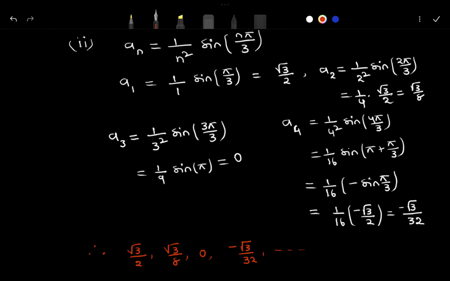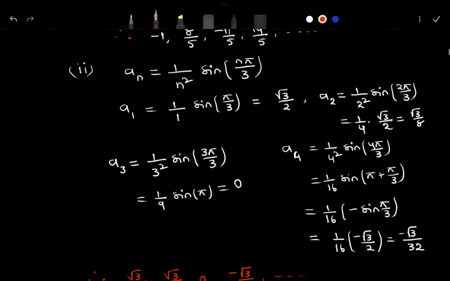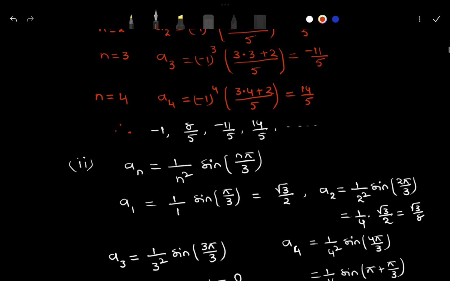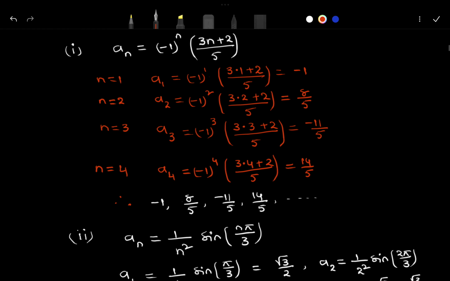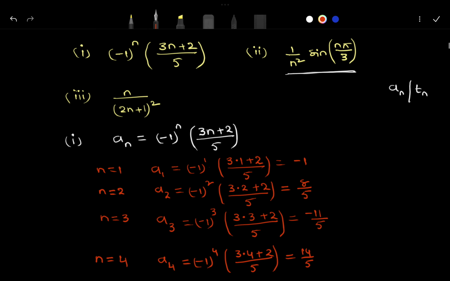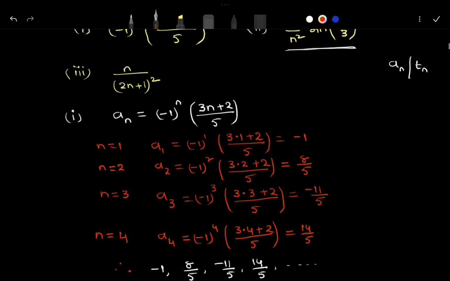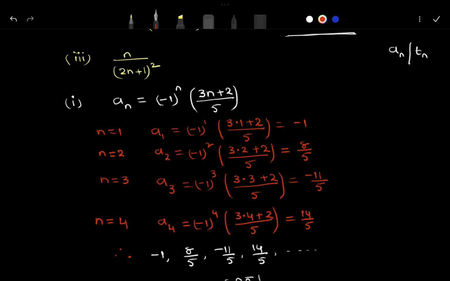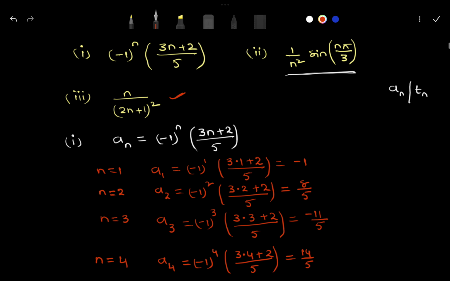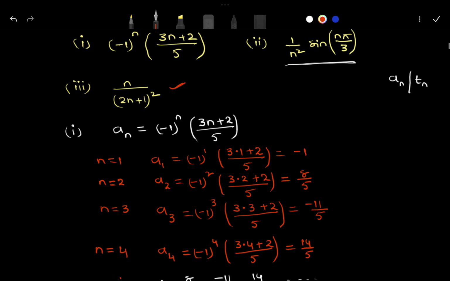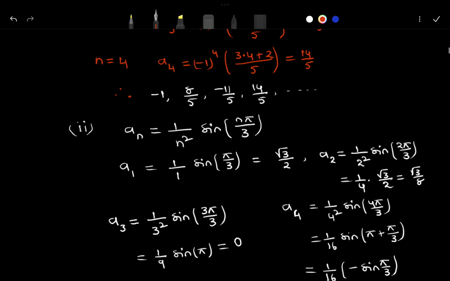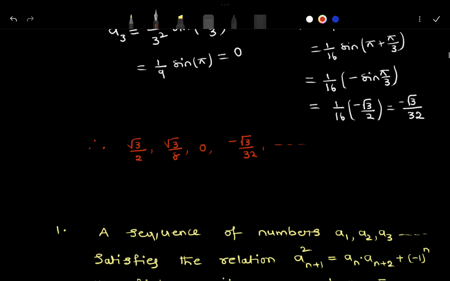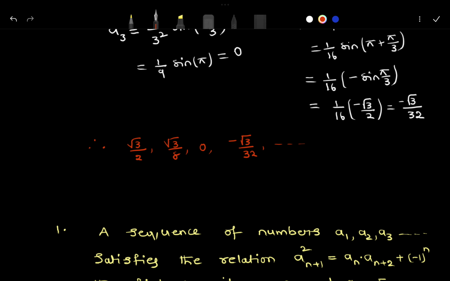So like that you can find whatever terms are in the given sequence from the nth term of the series. Okay, so next one, you do that. The third one is that the nth term is given as an equals 2n by (2n plus 1) whole square. So all of you please try to do this problem.